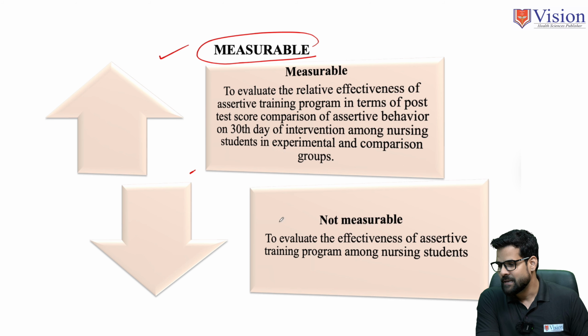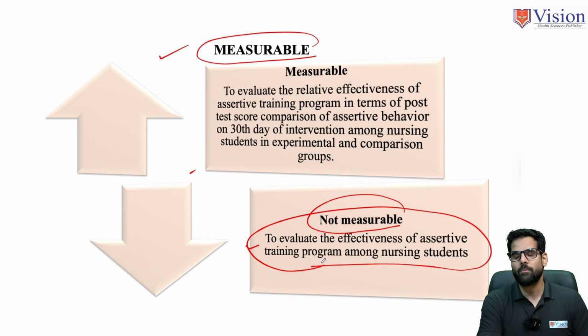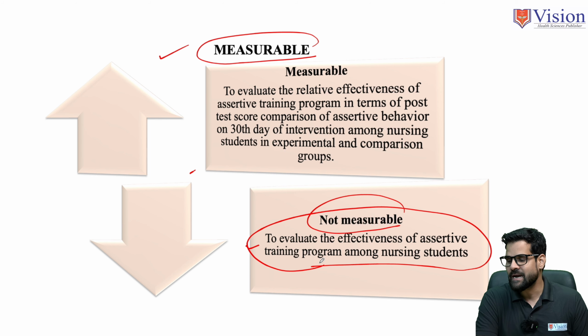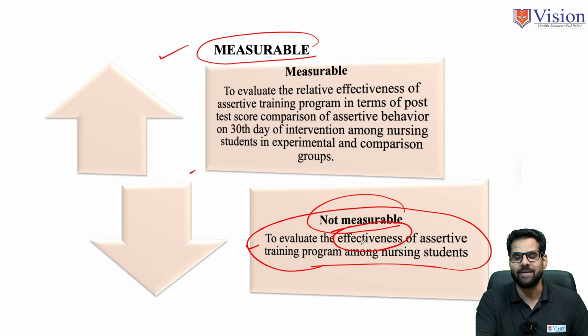Let's see with an example what is not measurable and what is measurable. To evaluate the effectiveness of an assertive training program among nursing students. This is a very commonly stated objective you find in most theses. People will write to evaluate the effectiveness of assertive training, and there is nothing wrong in this objective. But the problem is it is not measurable, because you have to define this effectiveness very specifically.